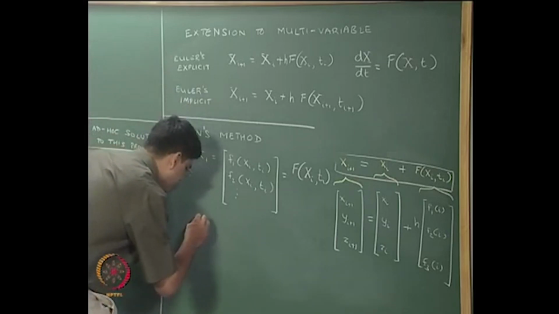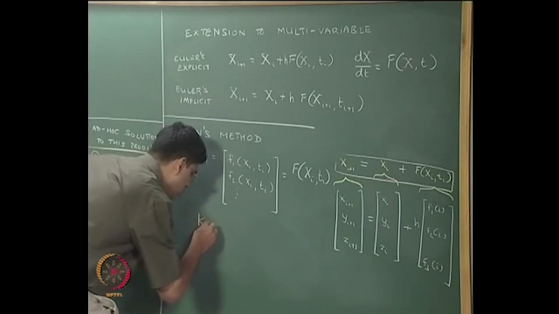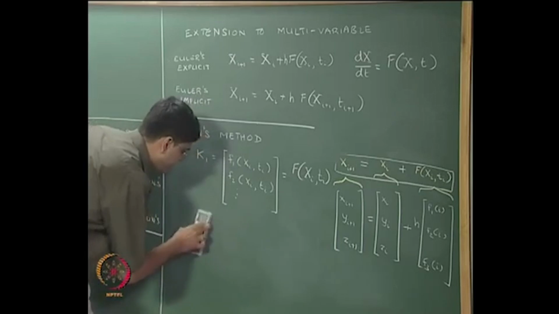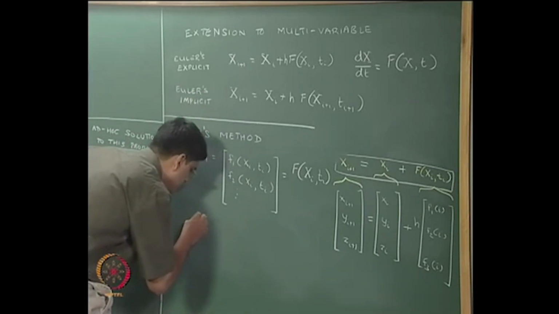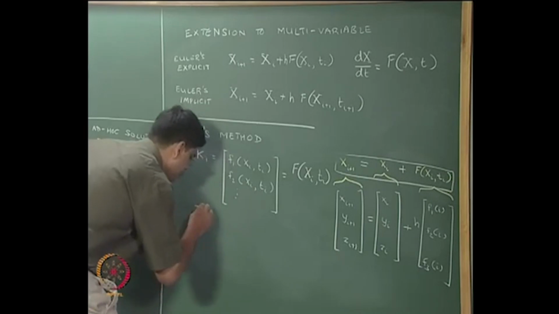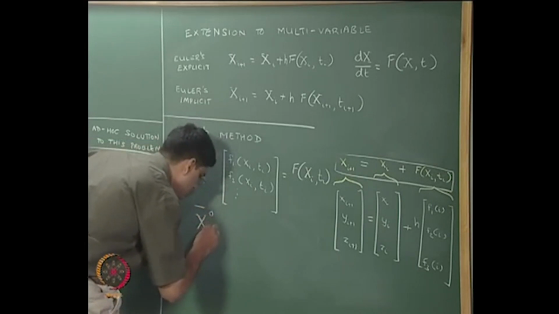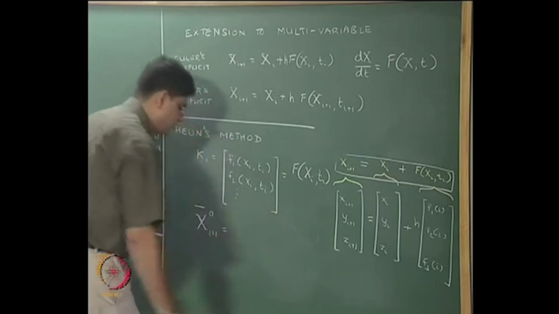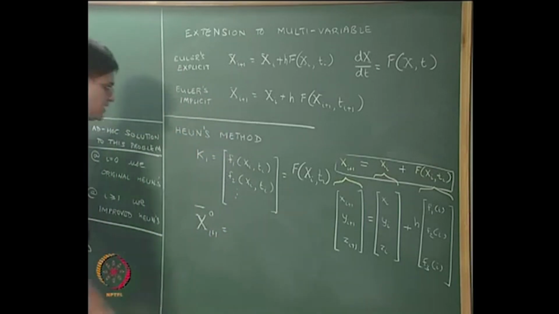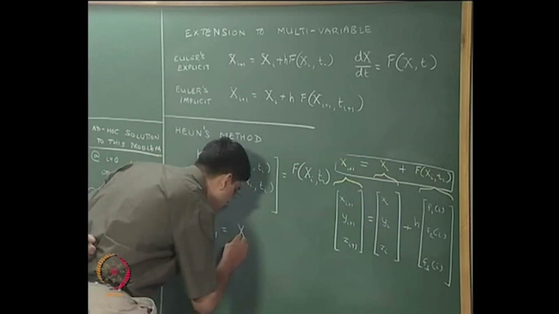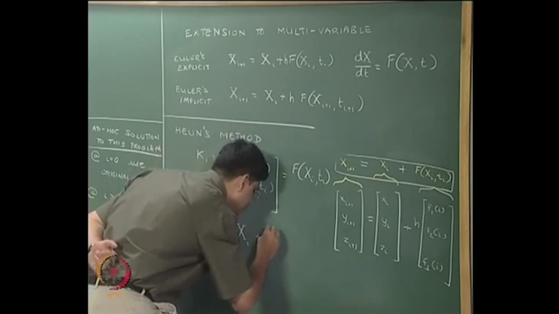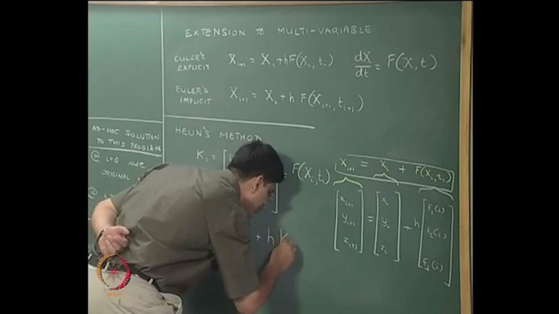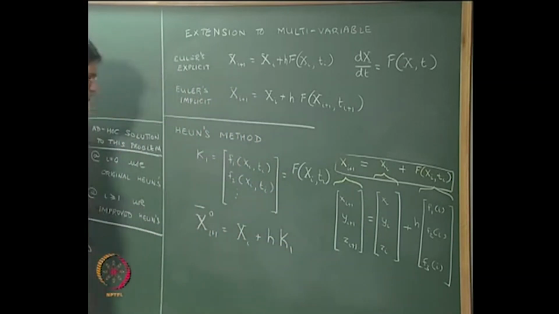Then we can write our K2, or before writing K2 we will write our x bar, sorry, x bar 0 i plus 1, we will write that as nothing but x i plus h multiplied by K1.